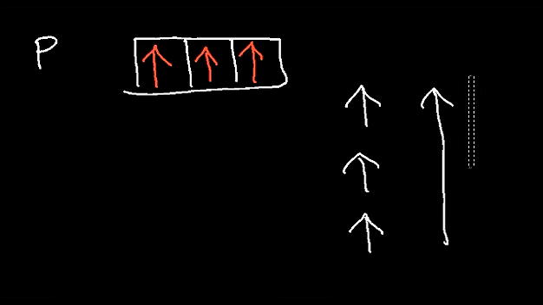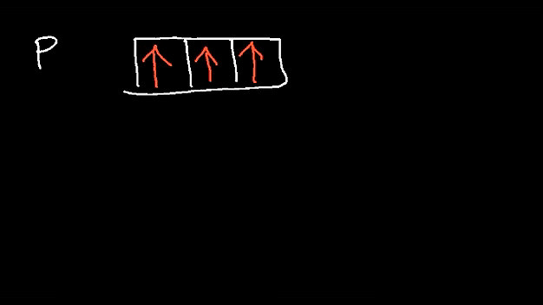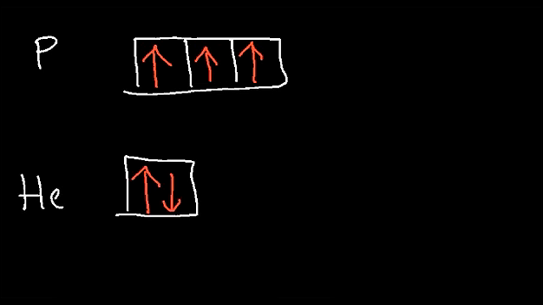Now in contrast, let's say we have the element helium, which has only two electrons. It has the electron configuration 1s2. So notice that it doesn't contain any unpaired electrons. And notice that the spins are opposite. For one electron, the magnetic field is in the upward direction, and for the other one it's in a downward direction. So these two cancel. And so this substance will not be attracted to a magnetic field.